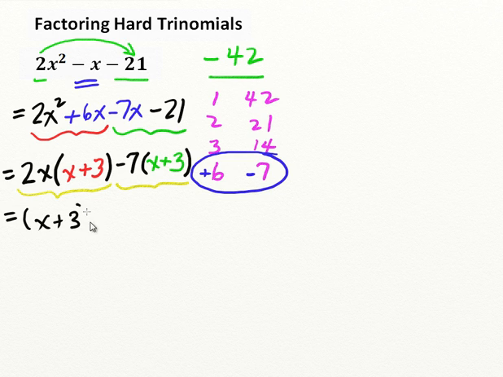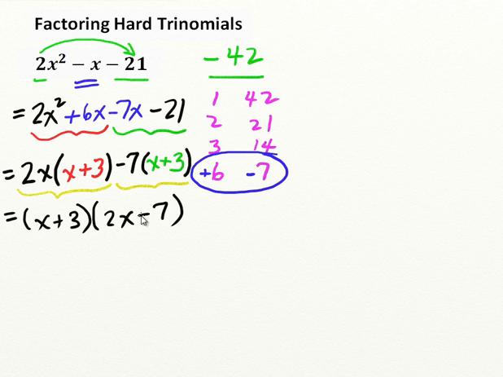So x plus 3 comes out. What's left in the first is 2x. And what's left when I take x plus 3 and factor it out of the second is the minus 7. Okay, so there we go. We have taken this hard, difficult, challenging trinomial, and we have factored it into x plus 3, 2x minus 7.